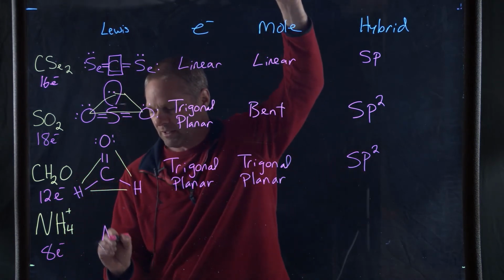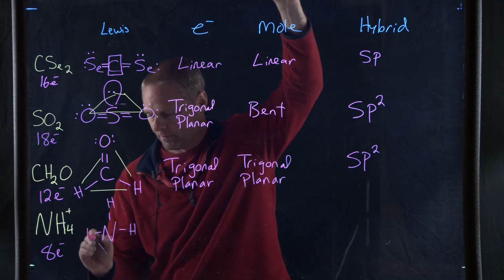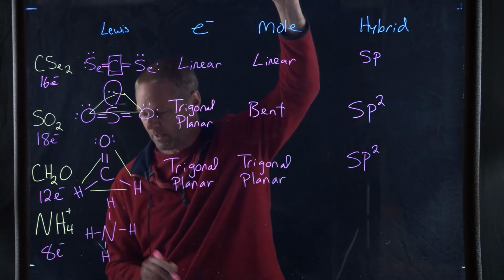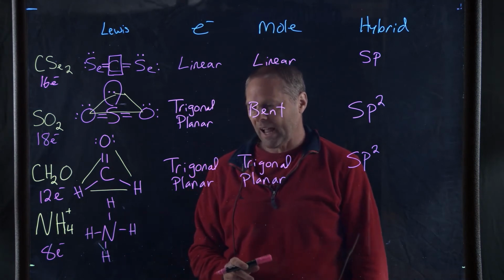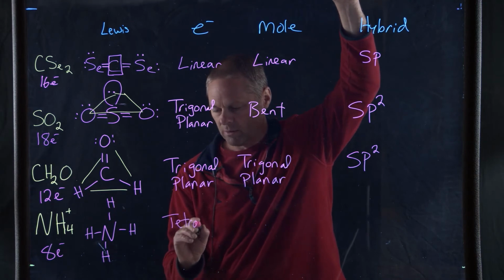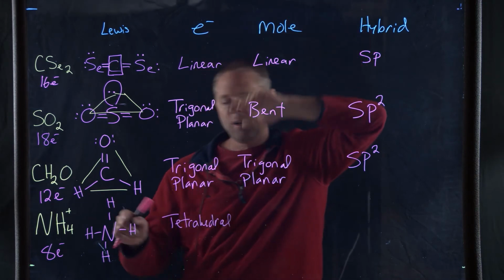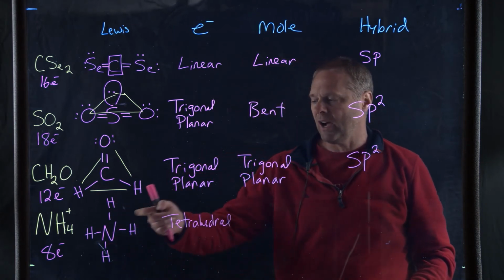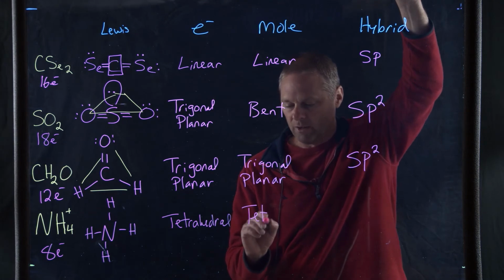Nitrogen is going to be the central atom. And so that is going to be our ammonium cation. It is going to be tetrahedral, will be the electron geometry. Now, because there are no lone pairs on the nitrogen, this is going to be tetrahedral as well.